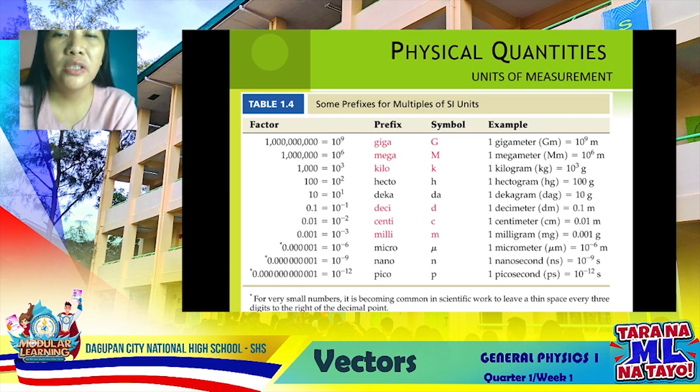And column 1 shows how these prefixes are used to describe both large and small values through multiples of 10 or 1/10 in exponential notation. For instance, 1 gigameter, where giga is the SI prefix attached to the fundamental unit meter, is equal to 1 billion, with a factor of 10 to the 9th power, which means 10 is multiplied 9 times.